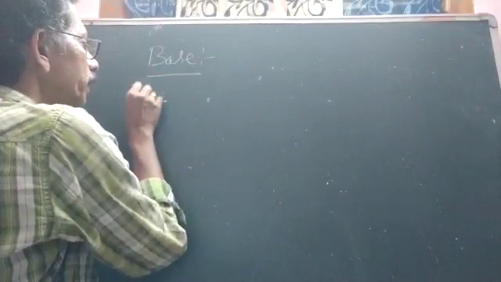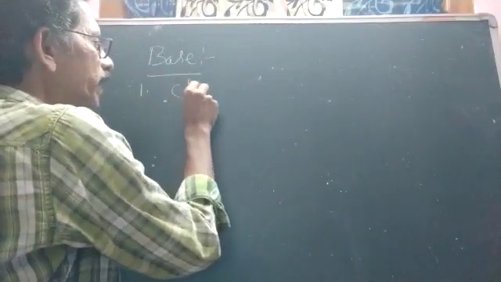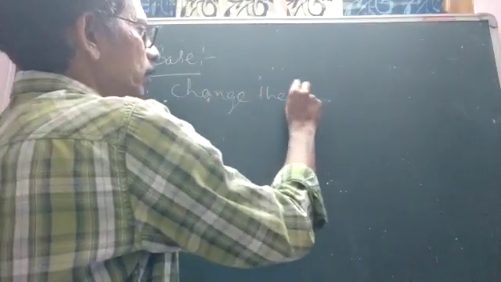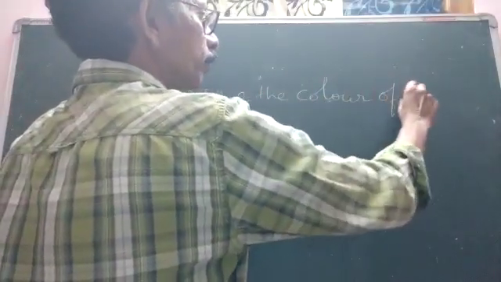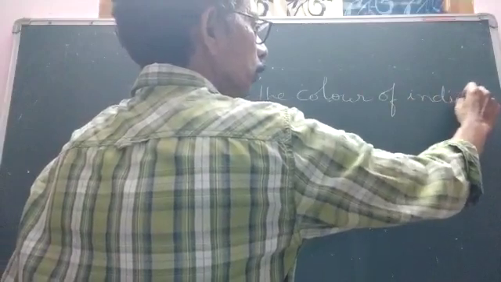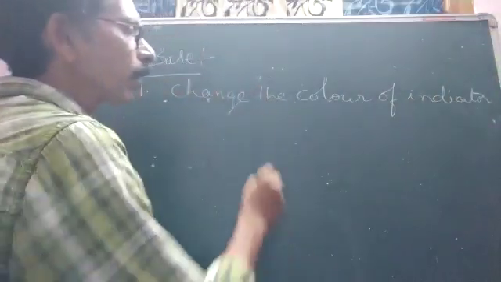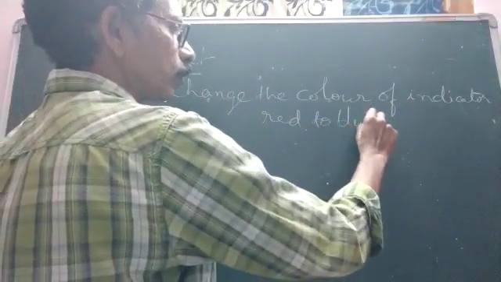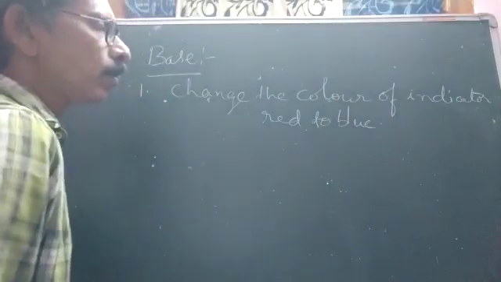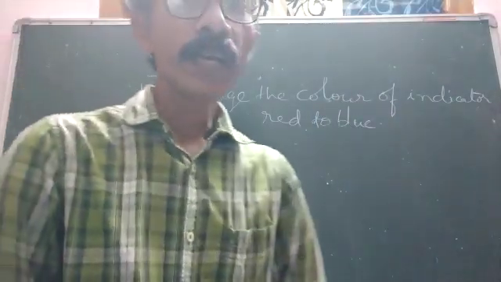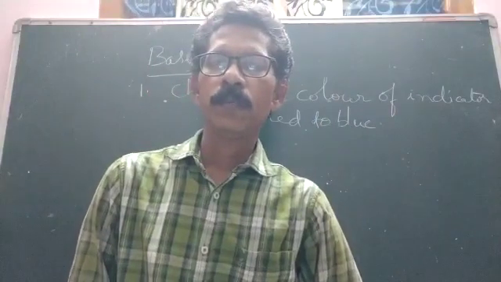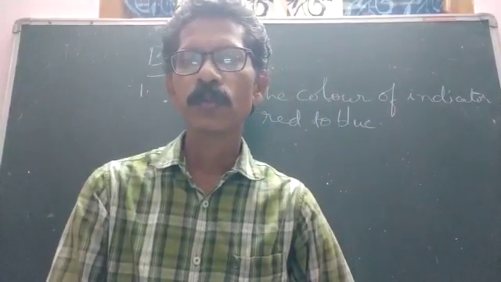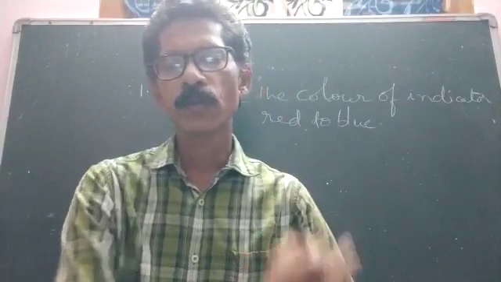Now the properties. The first property is that bases change the color of the indicator from red to blue. The red litmus changes to blue in basic solutions.